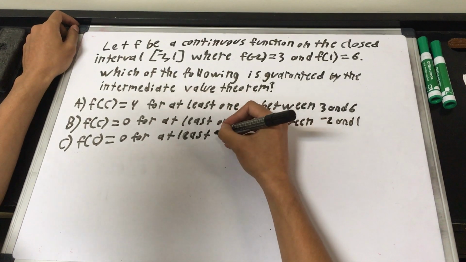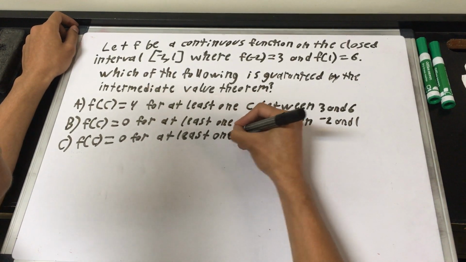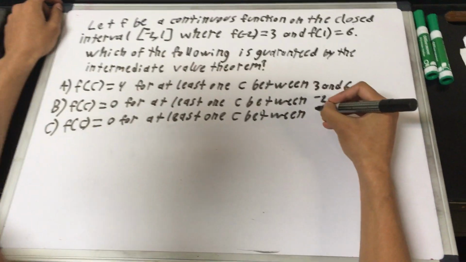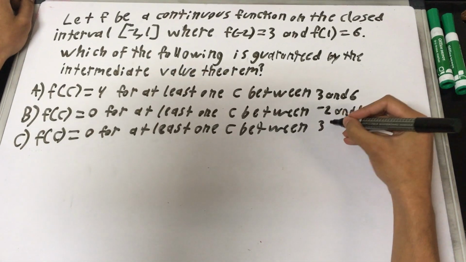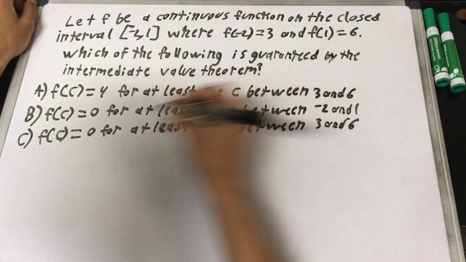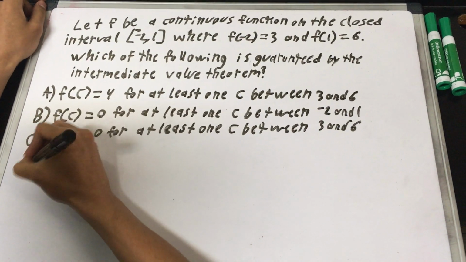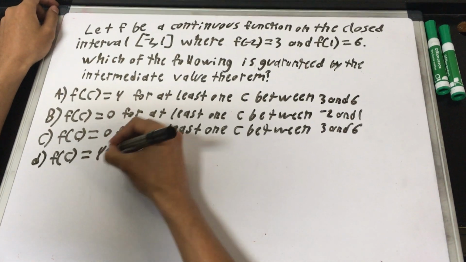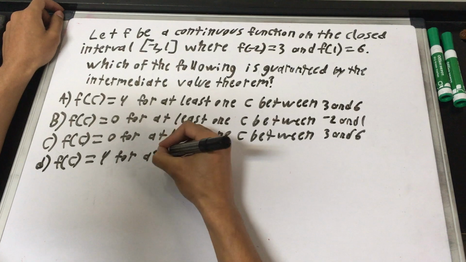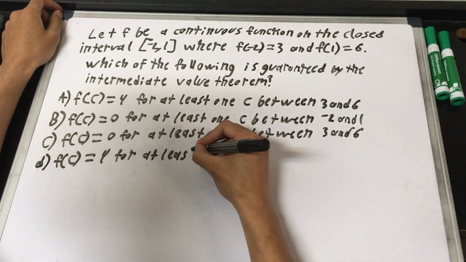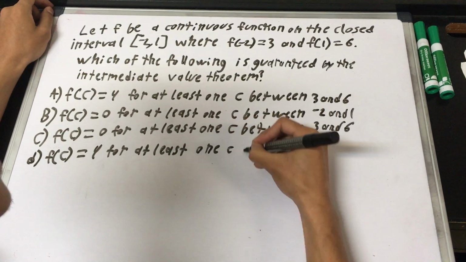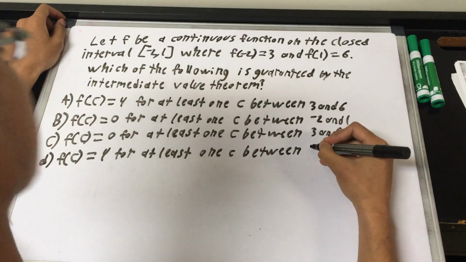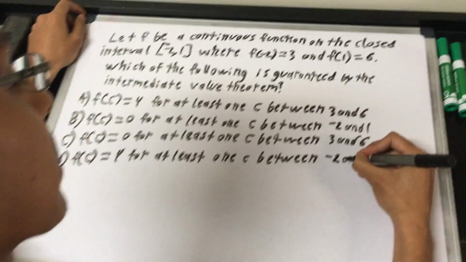And this is similar to the top almost. C is f of c equals 0 for at least one c between 3 and 6. And finally, D is f of c equals 4 for at least one c between -2 and 1.